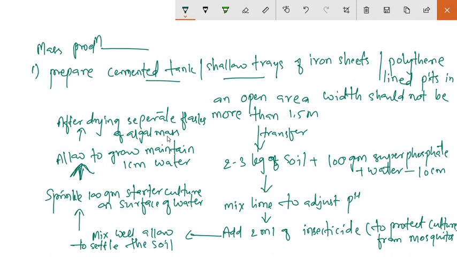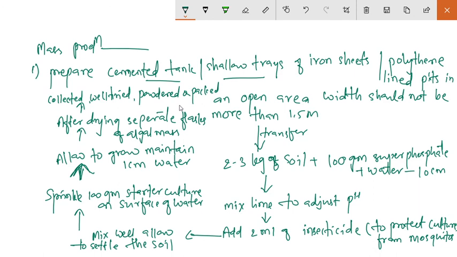Then it is collected, well dried and powdered, and packed in polythene bags, and it is supplied to the farmer.